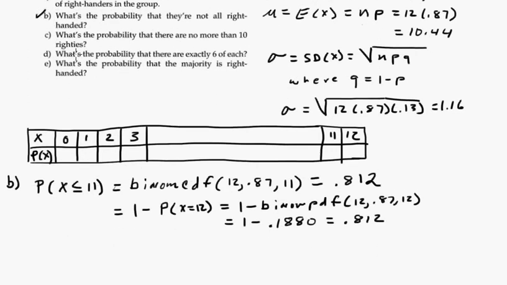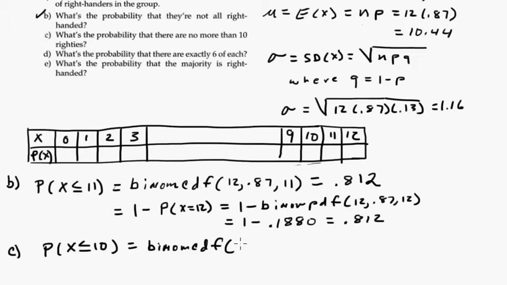Let's see. C, what's the probability that there are no more than 10? Okay, no more than 10. So that would be from 10 back. So that's the probability of X less than or equal to 10. So that's just binom CDF of 12, 0.87 and 10.